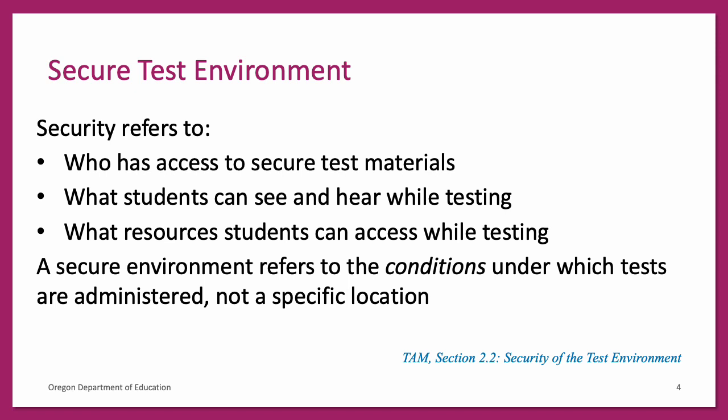Table 10, included in Section 2.2 of the TAM, provides a list of requirements that must be met during these three phases to maintain the security of test materials and the security and validity of student responses from start to finish, and is an excellent resource to consult at each phase.